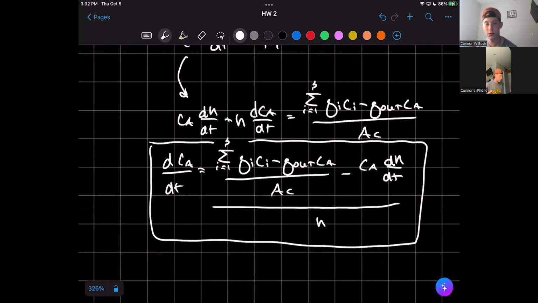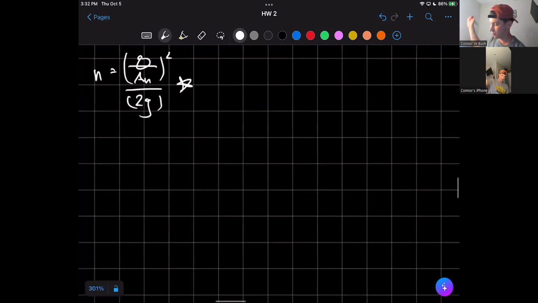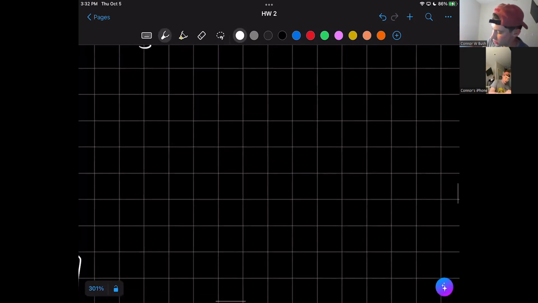for dC_A/dt. So finally, if we use a similar approach for dT/dt, and try to multiply this temperature by the volume, we're going to need to also multiply by density and the heat capacity.